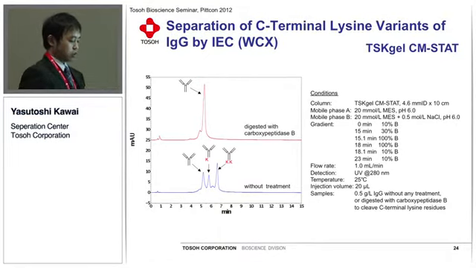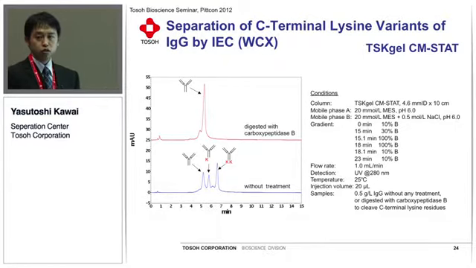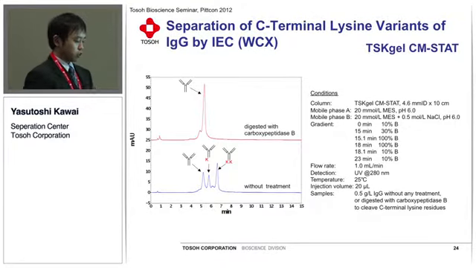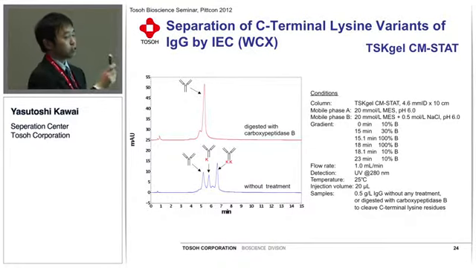Most antibodies are known to be a mixture of C-terminal lysine variants. In this slide, the antibody E that appeared in the previous slide was digested with carboxypeptidase B to cleave C-terminal lysine residues, and then analyzed by CM-STAT column.